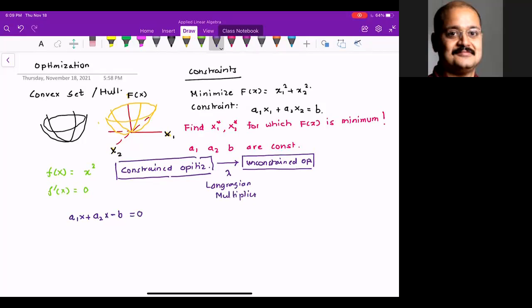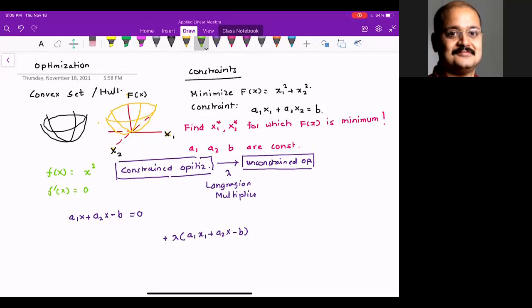This is the constraint. I'm going to multiply this constraint by the Lagrangian multiplier. That's why it is called a multiplier. A1x1 plus a2x2 minus b, and add that to the function that is to be minimized.